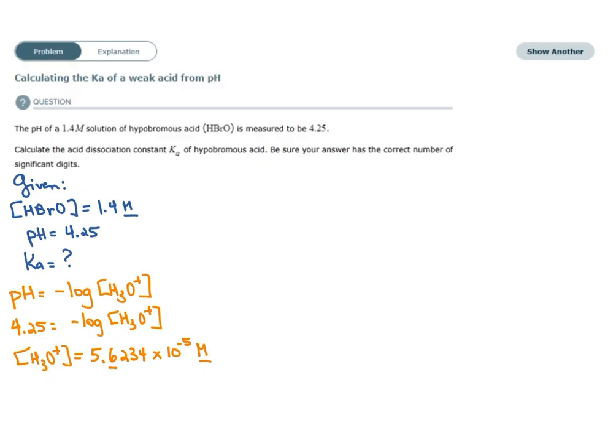The next thing I want to do is set up an ICE table. Make sure that this equation is balanced, and it is. So initial, change, equilibrium. Initially, I have a 1.4 molar solution of HBrO.